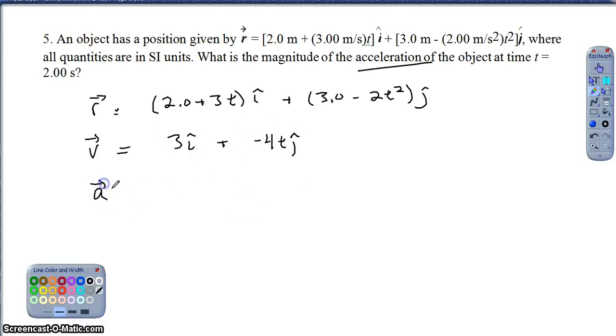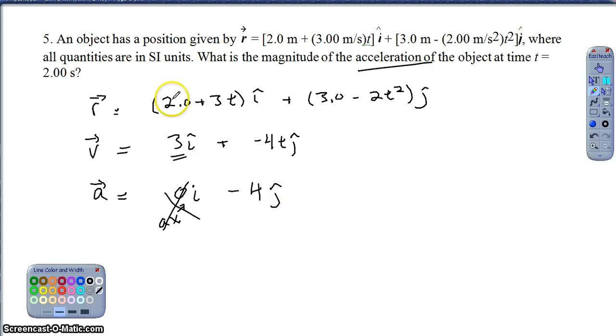Then my acceleration vector would once again be the derivative of that. At this point, the 3 would go away because it's just a constant. So I actually don't have any horizontal acceleration. My a of x, my horizontal acceleration, is 0, which I knew because it was moving at a constant 3 meters per second if I look at my velocity function. Whereas my vertical acceleration would be just negative 4. So I have a constant acceleration of negative 4.